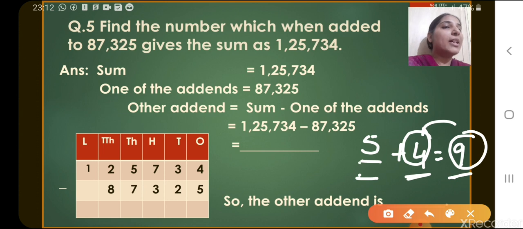You have to find the other addend. So to get the other addend, you subtracted one of the addends from the sum. In the same way, in this question as well, we will subtract one of the addends from the sum to get the other addend. So let's subtract now.